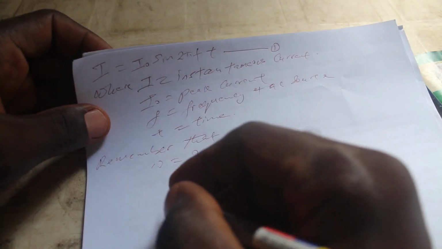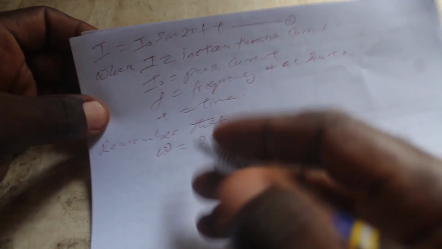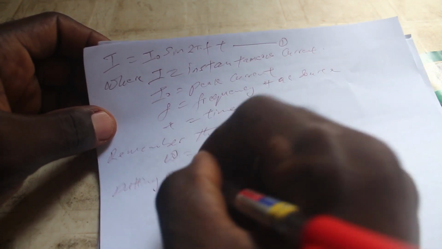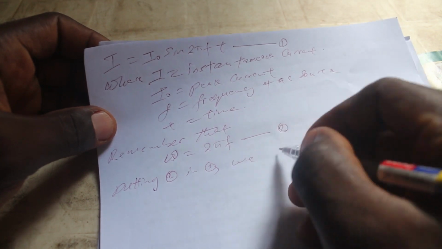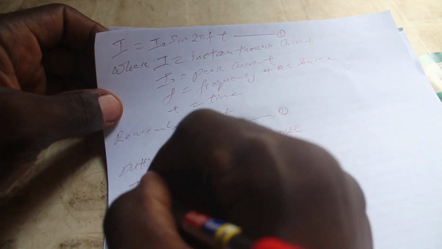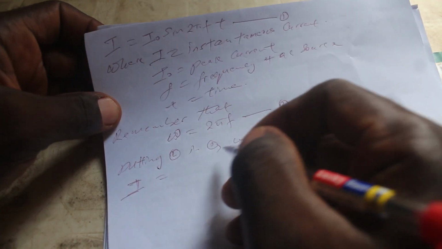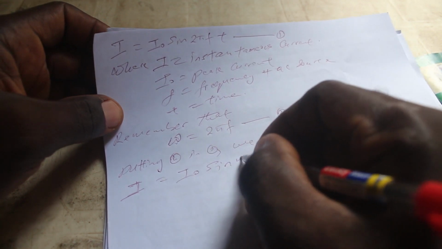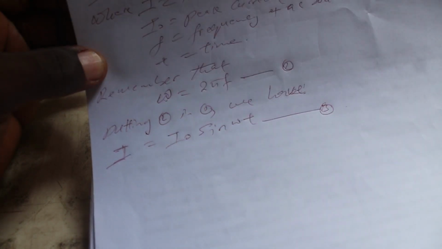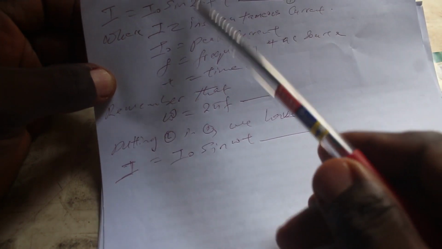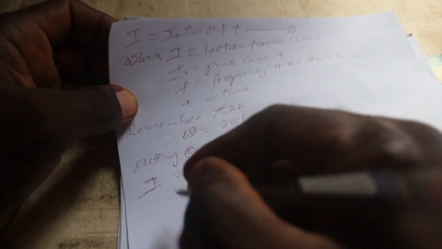If you put equation 2 into equation 1, our instantaneous current is equal to the peak current times sin(ωt). You see, the whole of this 2πf comes off and is replaced by omega.